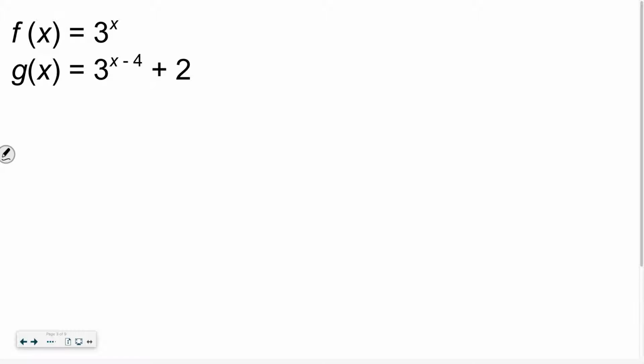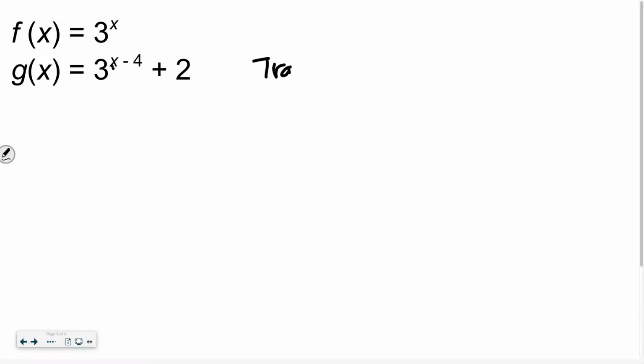So you're going to look for, is there an a value in this problem? No. Is there an h value? Yes. Since it says x minus 4, remember it would be x minus h, so h is 4, which means my graph is moving right 4.